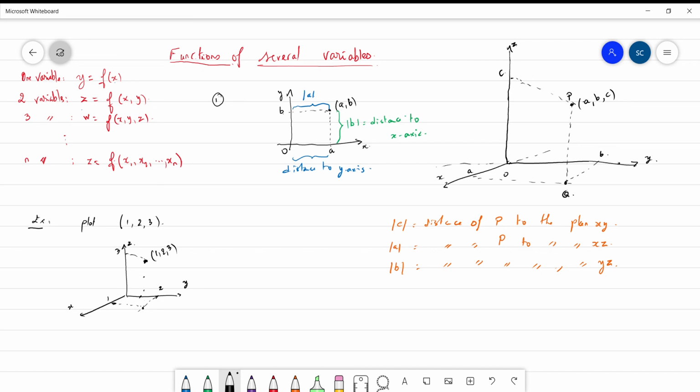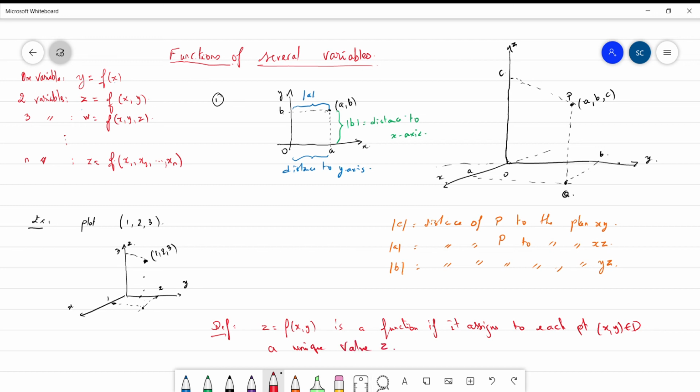Now let's give a definition for a relation. z = f(x, y) is a function of two variables x and y if it assigns to each point (x, y) in a particular set, called the domain D, a unique value z, computed by the relation f(x, y).